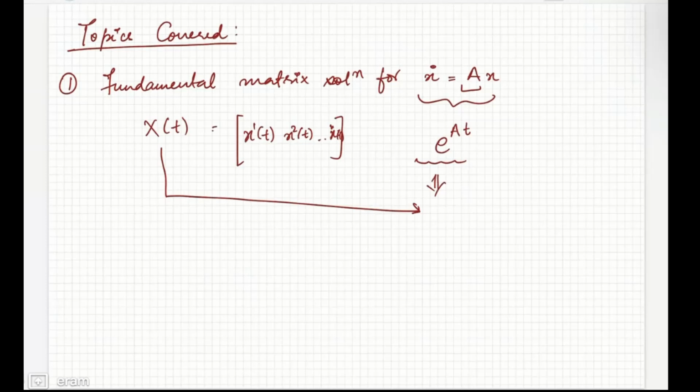It can be found by calculating this matrix solution, capital X(t). In order to calculate e to the power At, because any fundamental matrix solution can be written as X(t) times some constant, you have to replace this constant with the inverse of the initial value of the fundamental matrix solution, where X(0) denotes X(t) calculated at the initial condition, or at t equals 0.